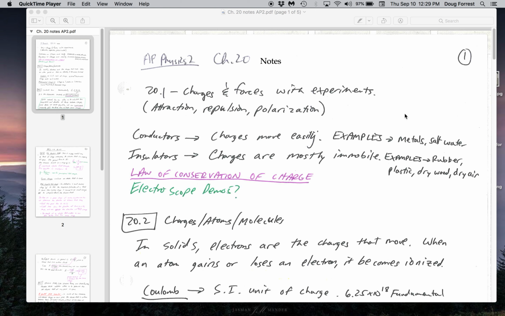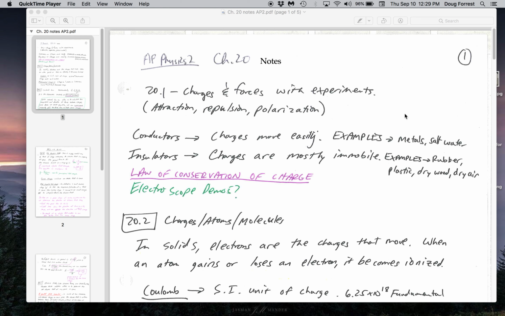You remember conductors, or atoms, have electrons on the outside, protons and neutrons on the inside. So when charges are able to flow, it's electrons that flow, at least in solid objects. Insulators, charges are mostly immobile. Examples are rubber, plastic, dry wood, dry air, stuff like that.